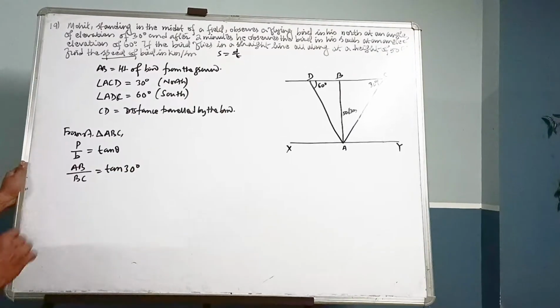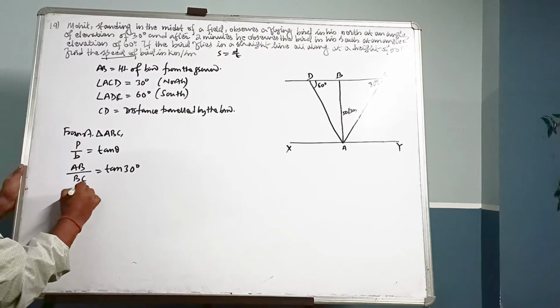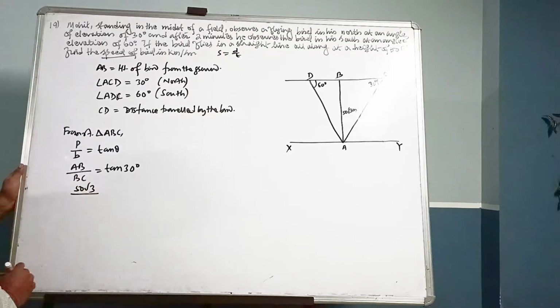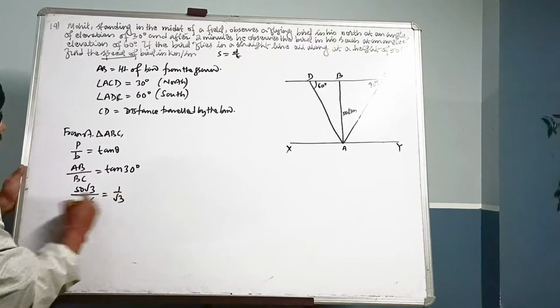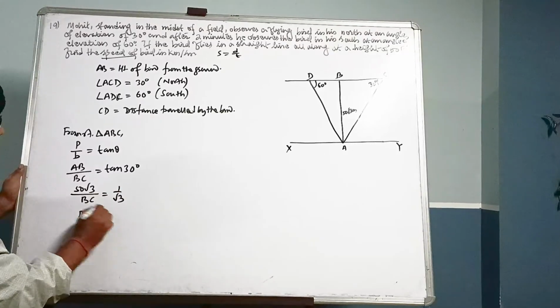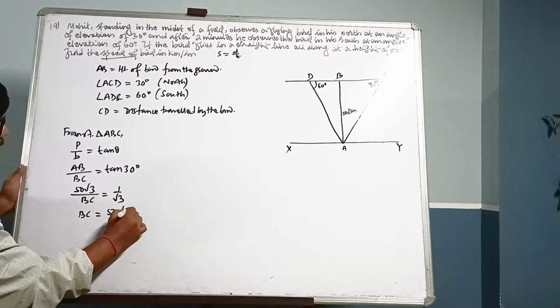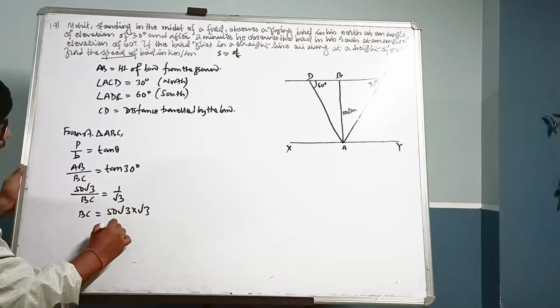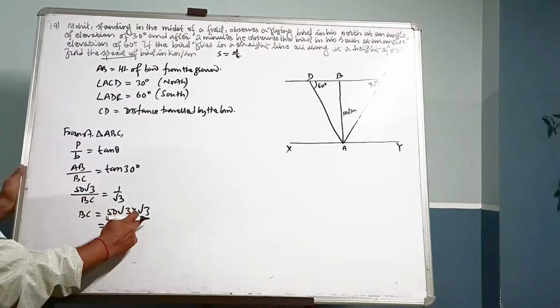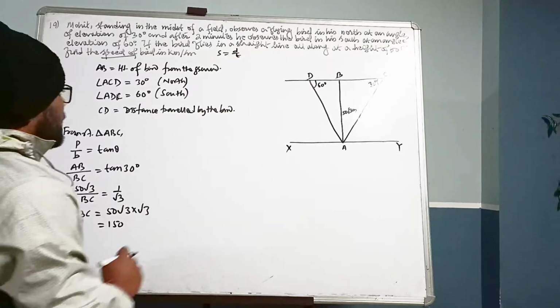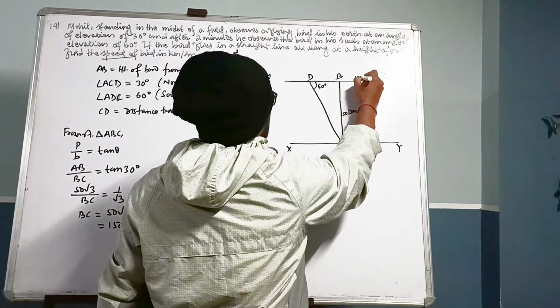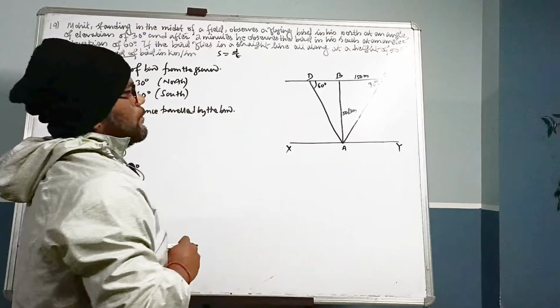Clear boys and girls? Okay. So AB 50 root 3, BC is not given, you are supposed to find. Tan 30 is 1 by root 3, or BC equals to 50 root 3 into root 3, you will get 150. How? Root 3 into root 3 is 3, and 3 fives are 15. Okay. So we have found the value of BC as 150 meter.